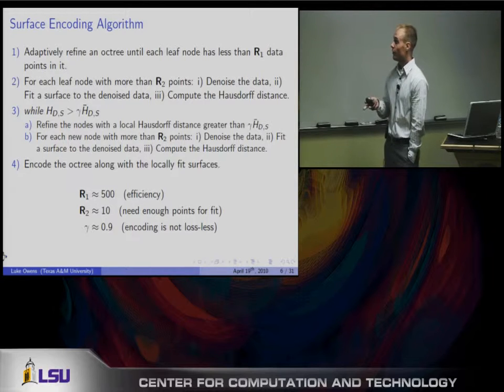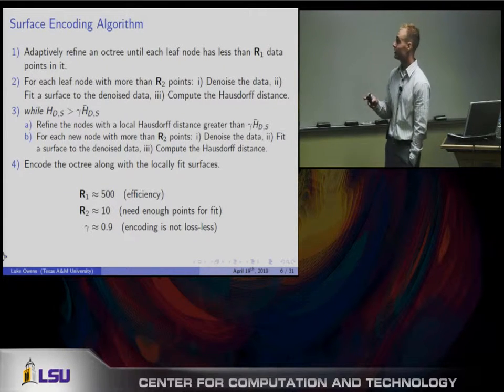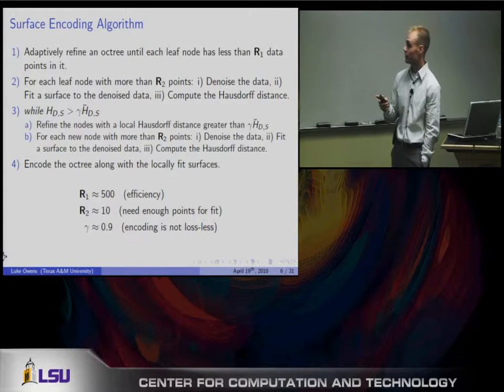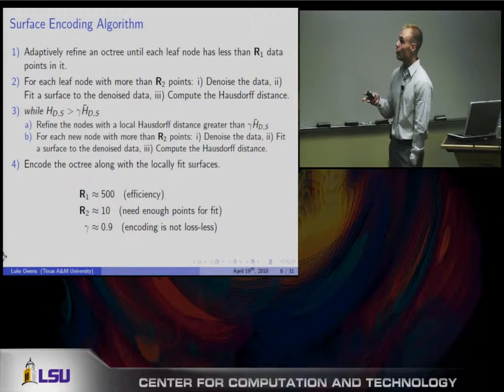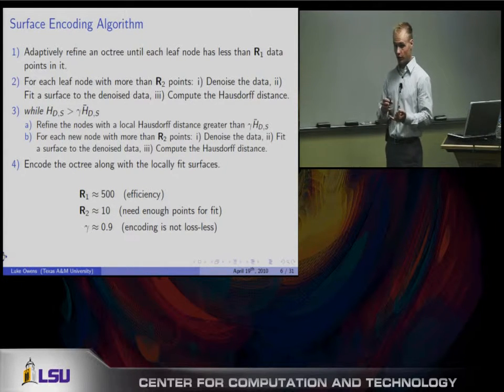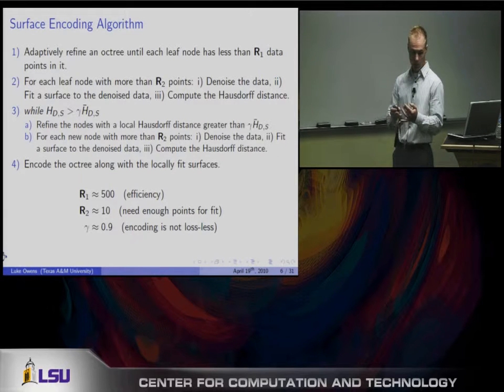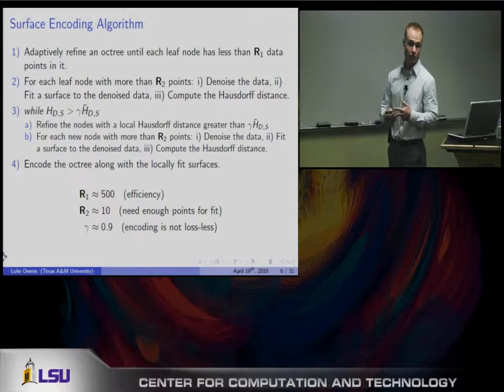We adaptively refine an octree until each leaf node has less than R1 data points in it. I'll explain R1 here in a second. For each leaf node with more than R2 data points, we denoise the data, then we fit a surface to this denoised data, and then we compute the Hausdorff distance.